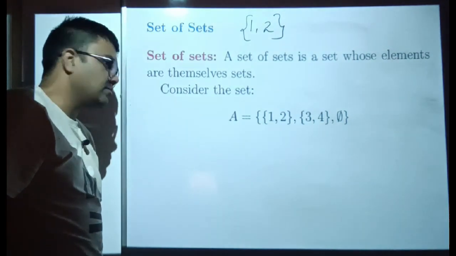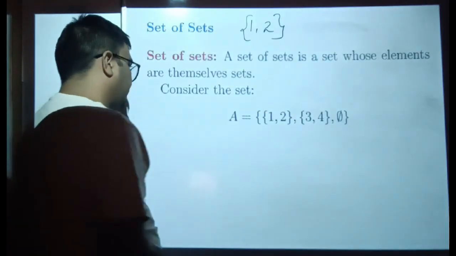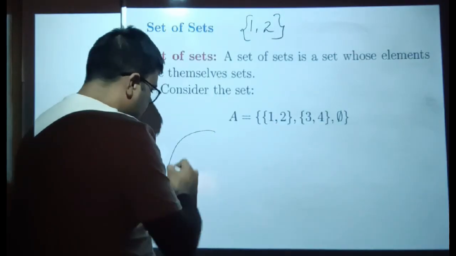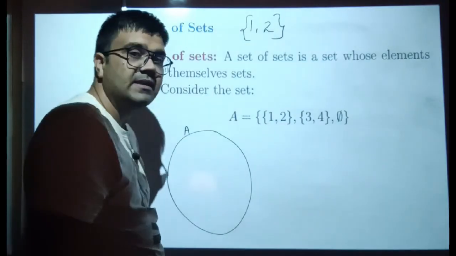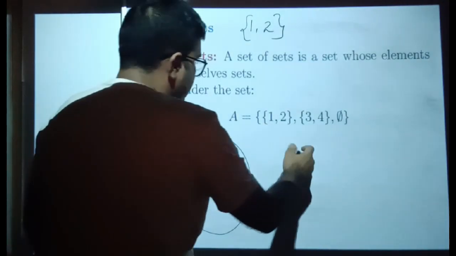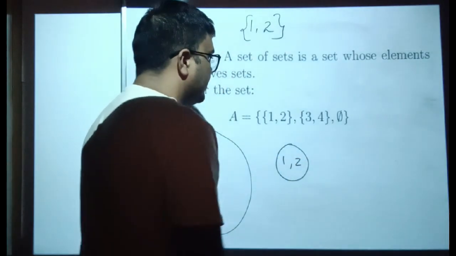To get a better understanding of this thing, let us consider the circle diagrams we were talking about. Suppose this is the set A I am talking about. This is the set having the elements 1, 2.